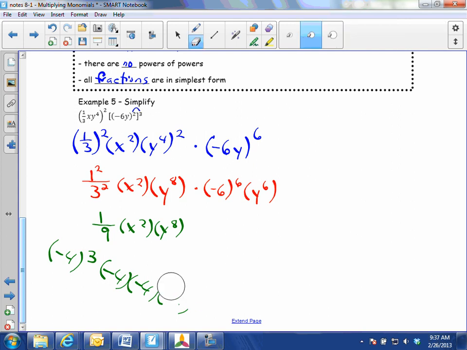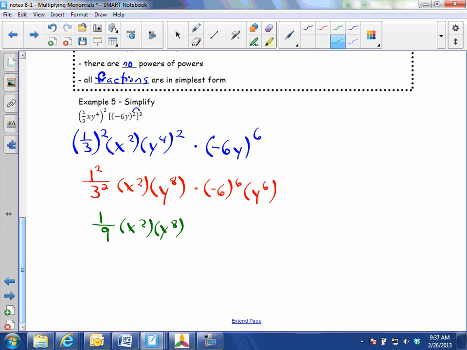So in this case, is the negative 6 to the 6 going to be negative or positive? Positive. Be careful how you type it in your calculator, because on some calculators, if you type it in like this, it's going to give you a negative answer, because it's thinking you're saying negative 1 times 6 to the 6.